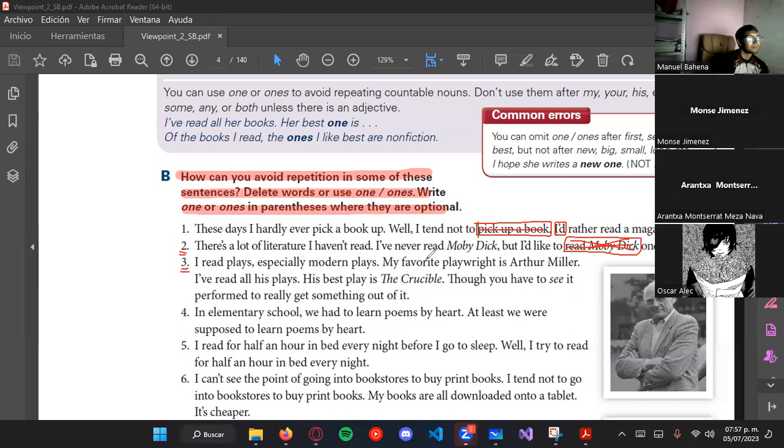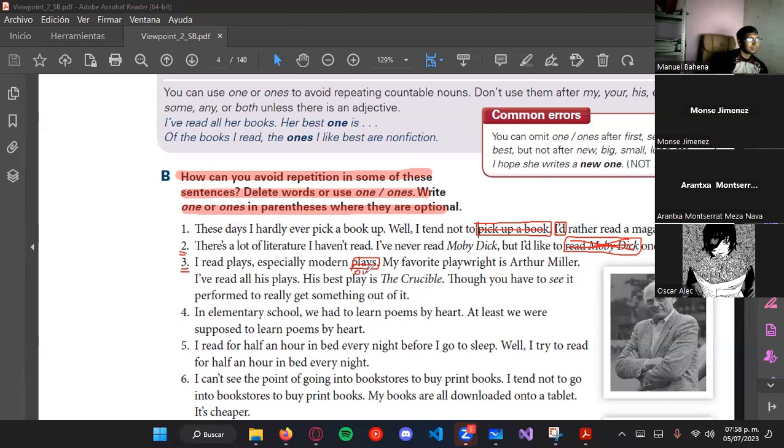Pues lo mejor sería intentar omitir todos los plays que se repiten, ¿no? Okay, maybe. Al menos al principio, lo que llevo: I read plays, especially modern ones. My favorite playwright is Arthur Miller.